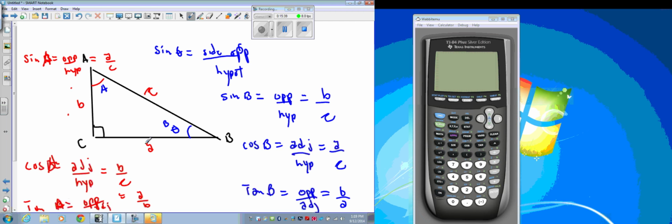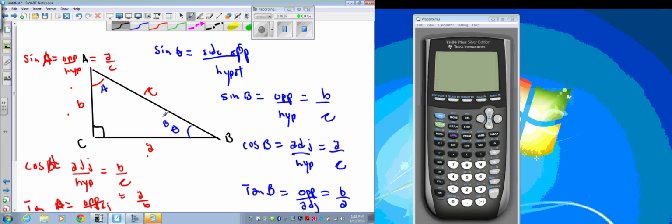And the opposite over hypotenuse, just like that. Does it matter whether you start with A or B? No, it won't make any difference. It's always going to be opposite over hypotenuse. C is always the 90-degree angle, but your A and B are interchangeable.